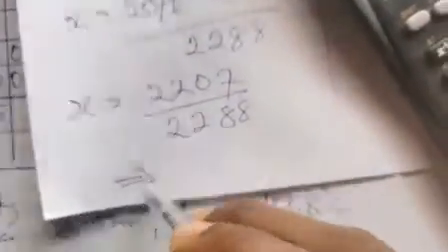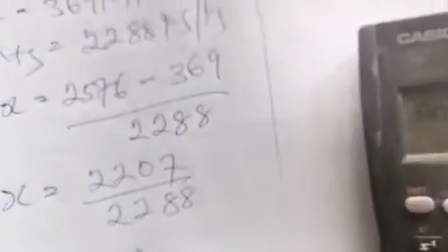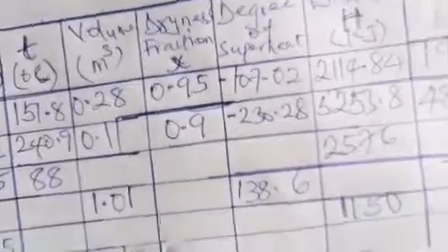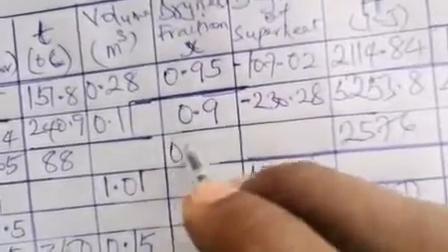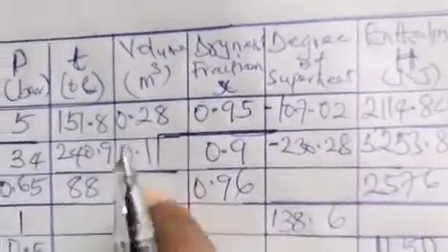This simply implies that dryness fraction x is 0.96. Okay, so dryness fraction is simply 0.96. That column is found. We'll fill it up. We'll have 0.96.